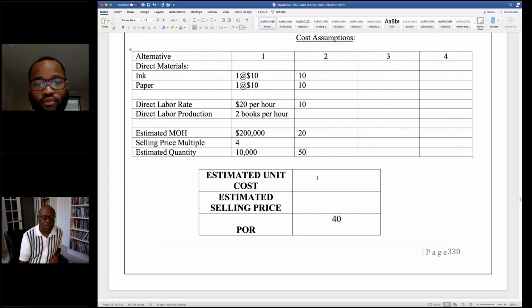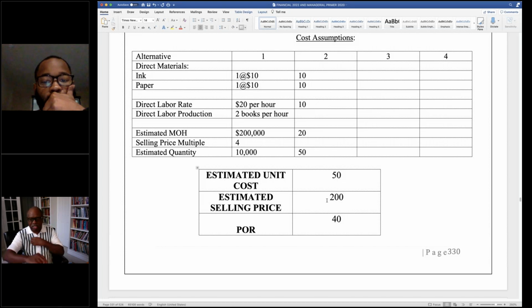Selling price multiple is what? 4. So our estimated selling price is what? 200. If you miss this, you get a 0 on your midterm, okay? Well, you'd have most other stuff wrong, so you need to get this right.